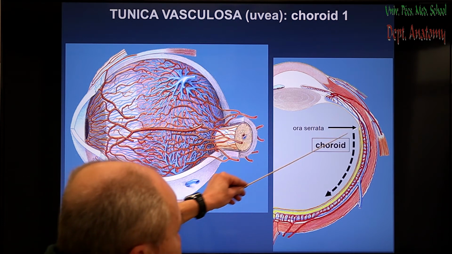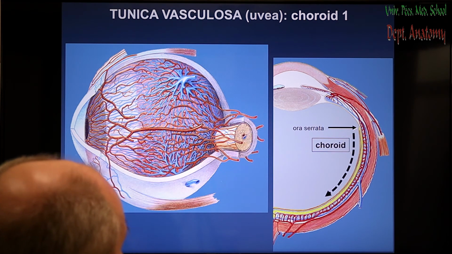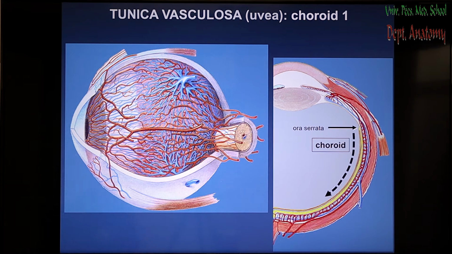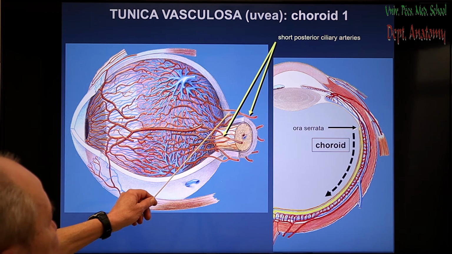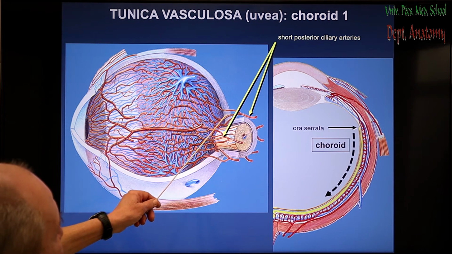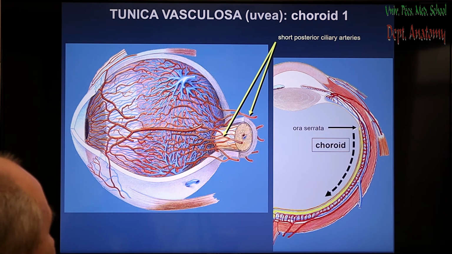So behind the ora serrata is the choroidea, or just choroid itself. This one, as the picture shows, has extremely rich vascular supply, and this supply arises from short posterior ciliary arteries piercing the sclera next to the optic nerve.